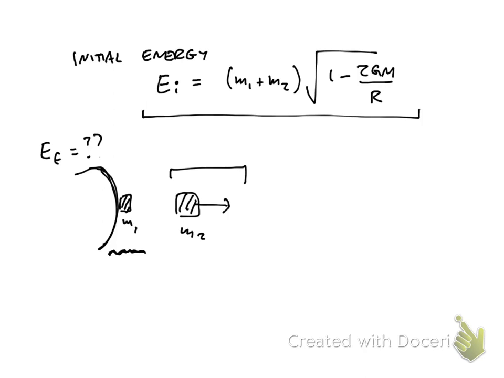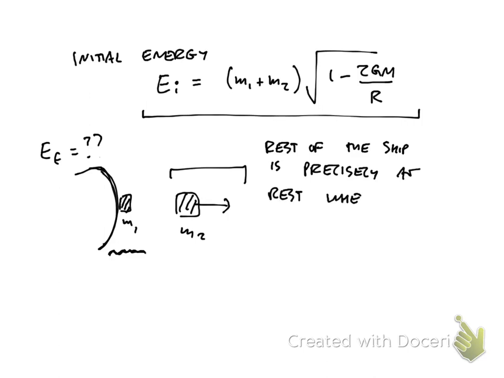So if we are as optimistic as possible, then the rest of the ship is precisely at rest when r goes to infinity. This is the most optimistic scenario. We have conserved energy as much as possible so that we're just barely making it out to infinity.